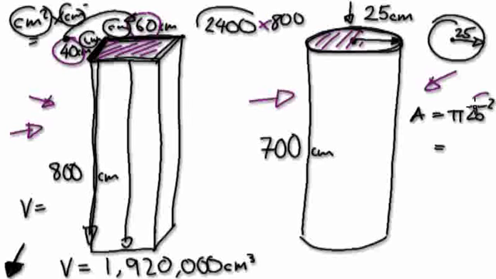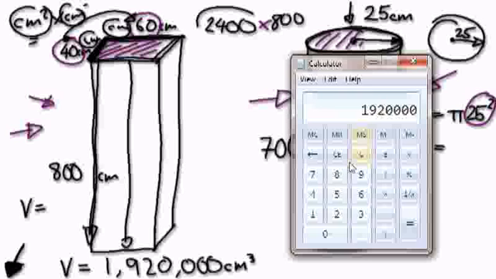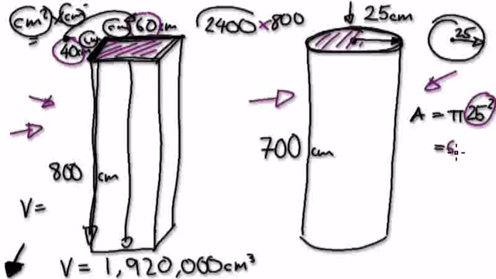Okay. Now let's work out this bubble here. So 25 times 25 equals 625. So 625 pi.